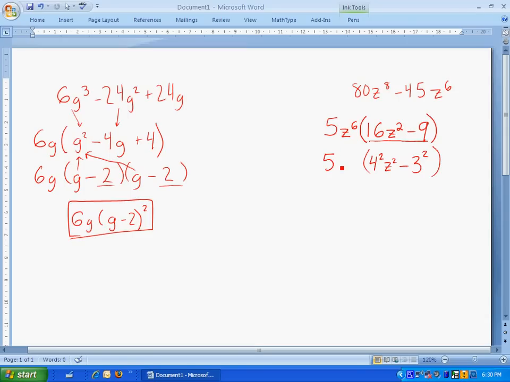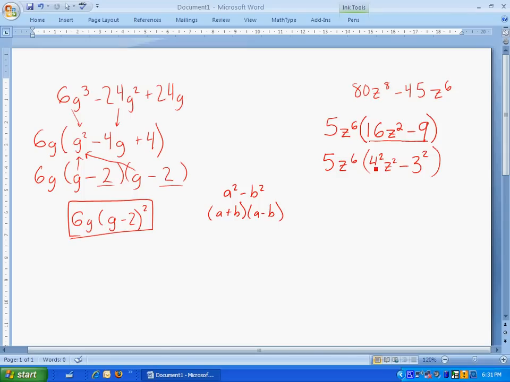And hopefully you remember from our lesson the other day that the difference of two squares, if you have a squared minus b squared, that always factors to (a plus b)(a minus b). And so that's what we're going to use here. Both of these do have to be squared in order for it to work. The 80 isn't squared, the z to the 8th really isn't, and so I couldn't have done it to start with.